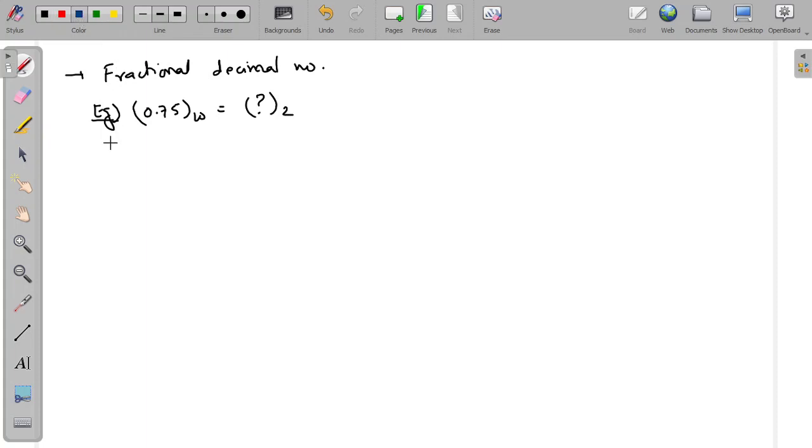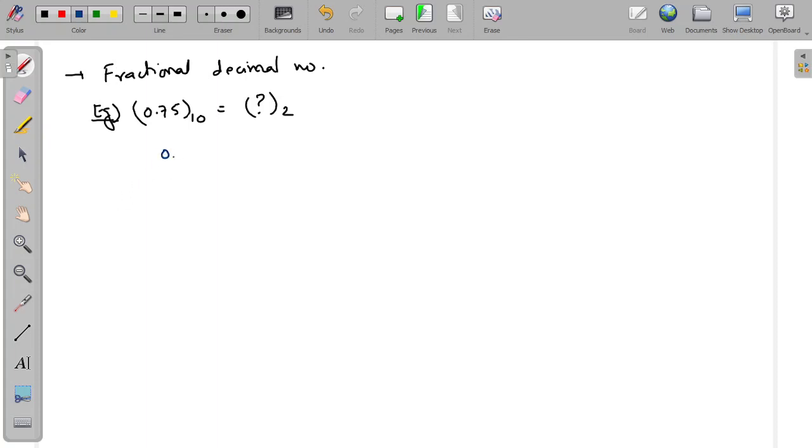The idea here is to multiply this number. Earlier we divided the number, but when it's a fraction we multiply the number continuously.